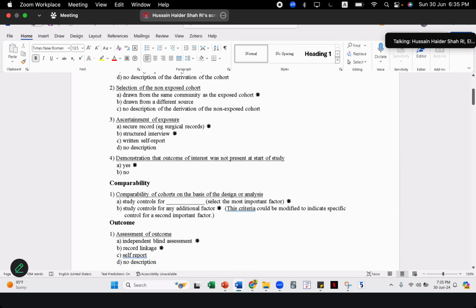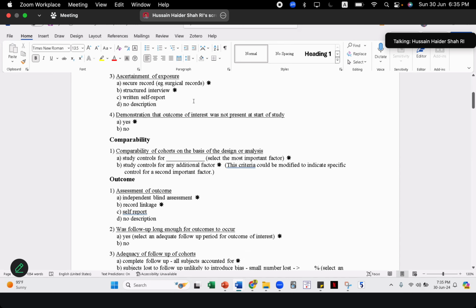If it is made sure through surgical or medical records or a structured interview, we give it a star. If the outcome of interest, which is lung cancer in this hypothetical study, was not present at the start of the study, we give it a star.